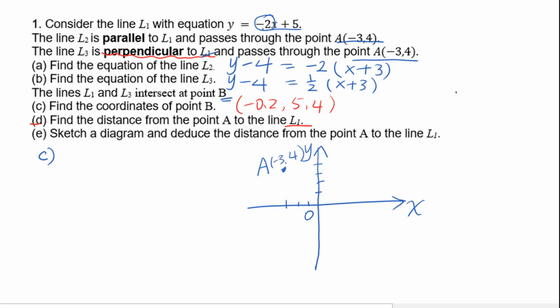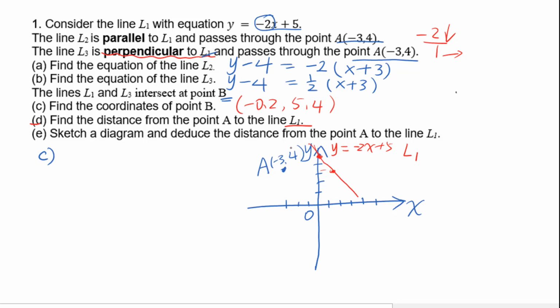Then for y equals negative 2x plus 5, we need to get a 5 here. Negative 2 means go down to the right 1. So down to the right 1 is here. Then we connect this. We estimate this is y equals negative 2x plus 5.